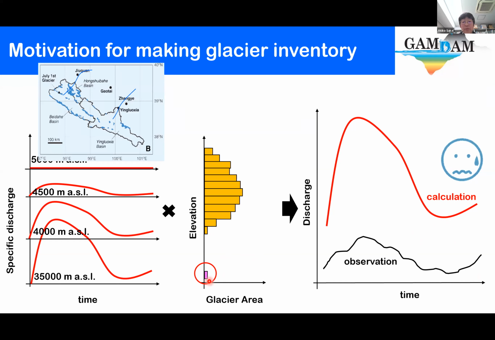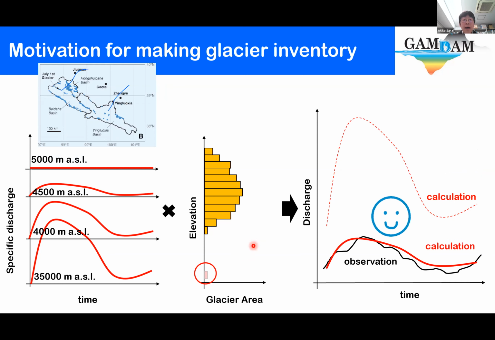Actually, this was not a glacier, but a frozen lake. So I excluded the frozen lake, and then I could get a reasonable result. So if the glacier inventory includes non-glacier area, it can lead to wrong results. This is the first motivation to make an accurate glacier inventory.